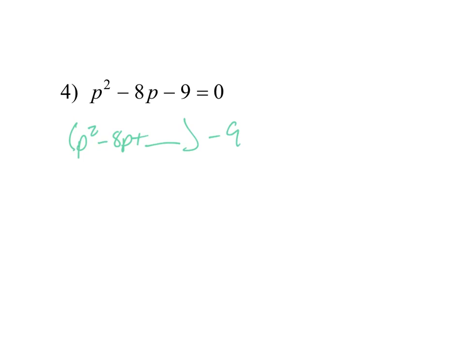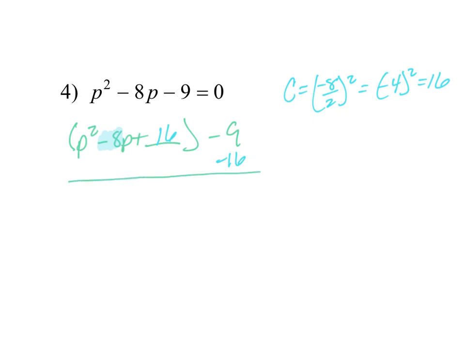I'm going to take this number, negative 8, and I get C equals -8 divided by 2 squared equals -4 squared, which is still positive 16. So I'm going to rewrite it with whatever I squared over here. So I've got x minus 4 squared minus 25.